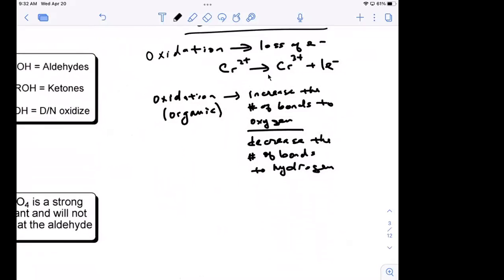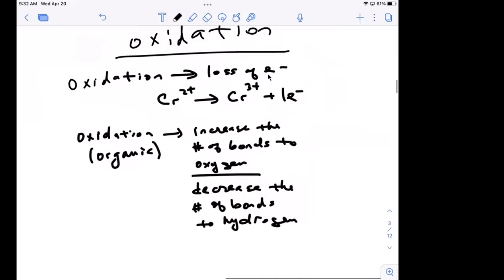And by the same token, reduction in GChem was gaining electrons. In organic, reduction is the opposite of oxidation. So it's either decreasing bonds to oxygen or increasing bonds to hydrogen. Let me put that over here.